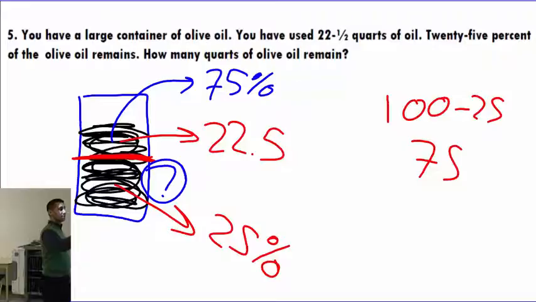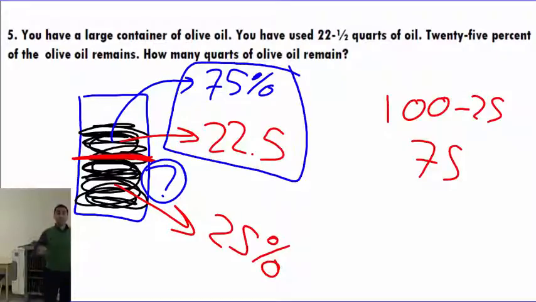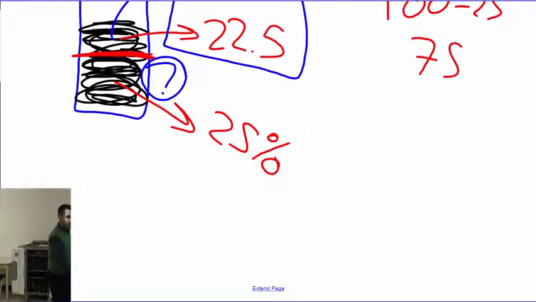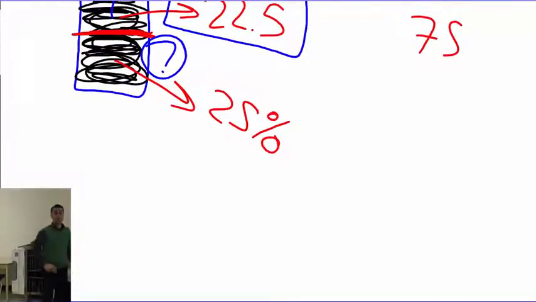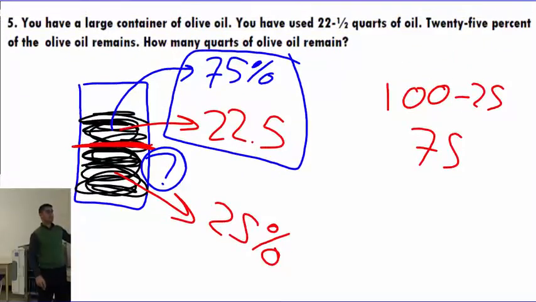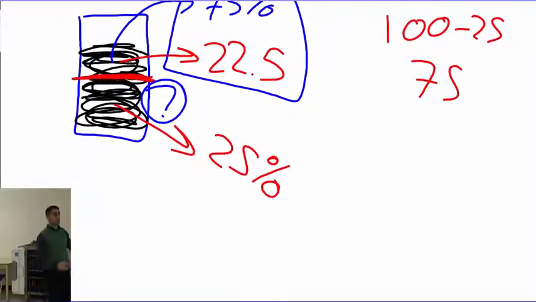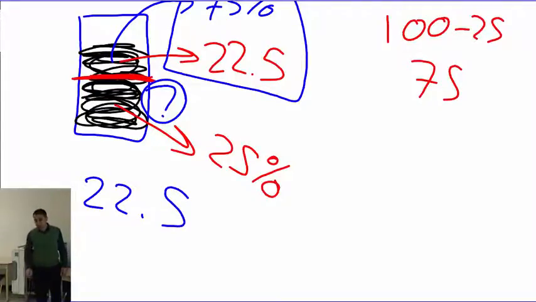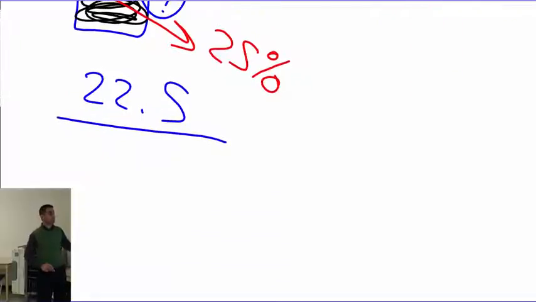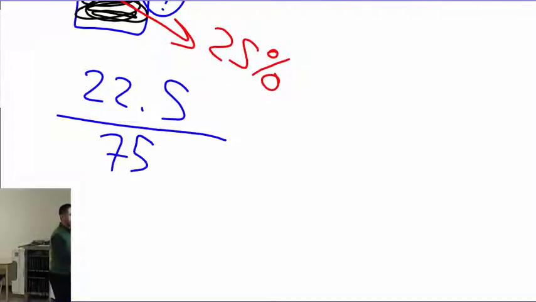Since this is given to me, the piece, once again, the piece has been given to me. What I'm going to do is write down the piece, which is 22.5, and I am not going to multiply. I'm going to do the division here. Divided by whatever percent I have, 75%. And I'm going to need a decimal number here. What is 75%?